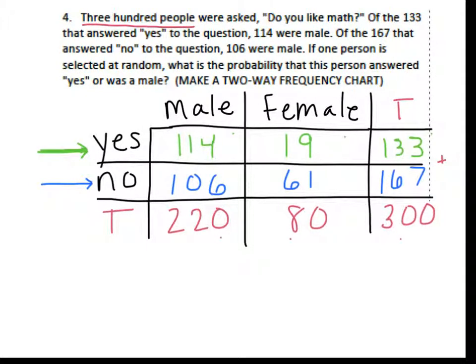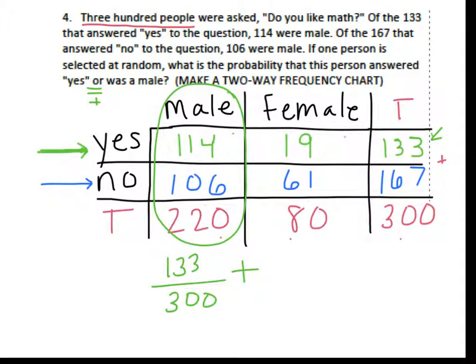What is the probability that the person answered yes or was a male? And remember, or means add. So the probability that somebody answered yes is 133 out of 300, or was a male, which then we would look in the male column, and that is 220 out of 300.